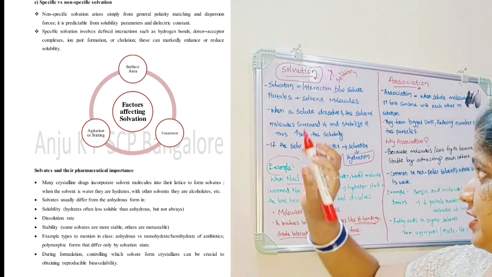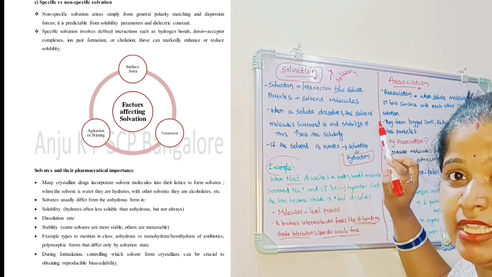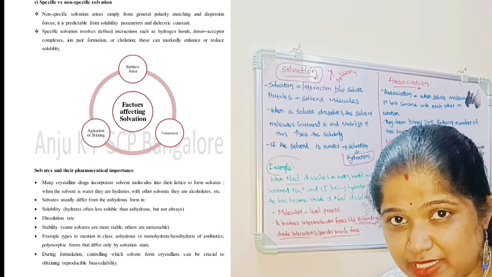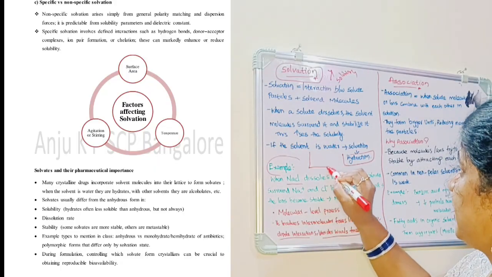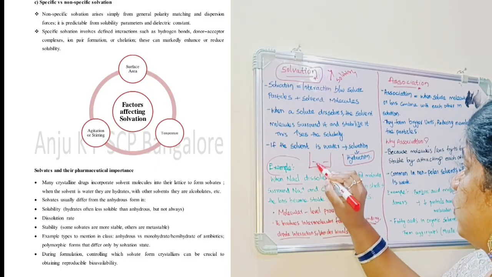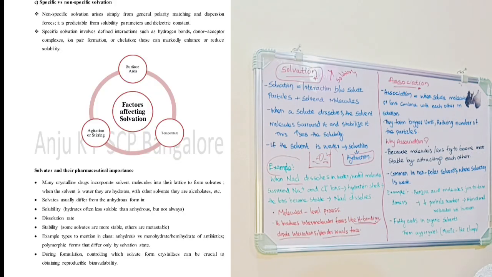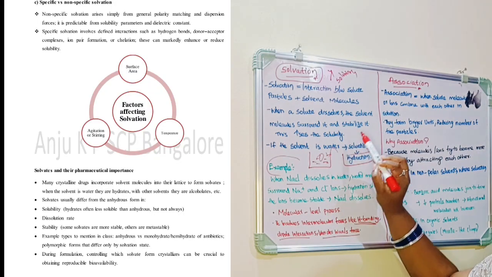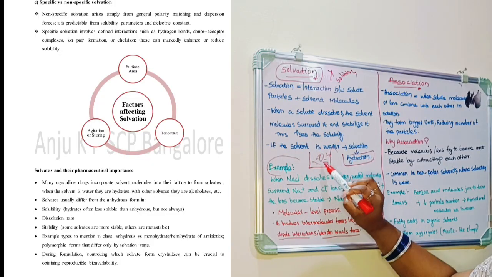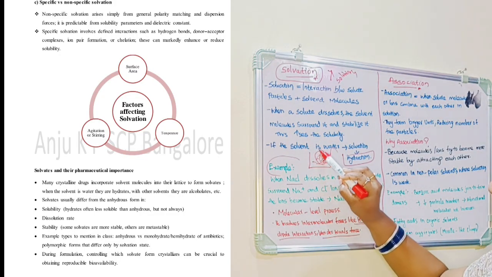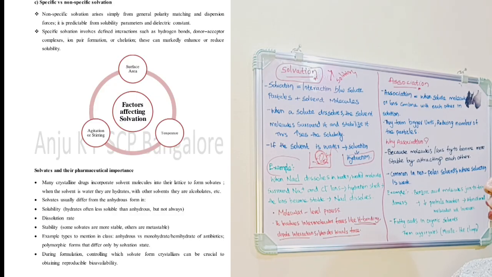Keep it in mind once again: when a solute dissolves, the solvent molecules surround it. We have the beaker, we have the solvent here, and we are adding the solute. When the solute is getting dissolved, the solvent molecules surround the solute and make it stabilize.